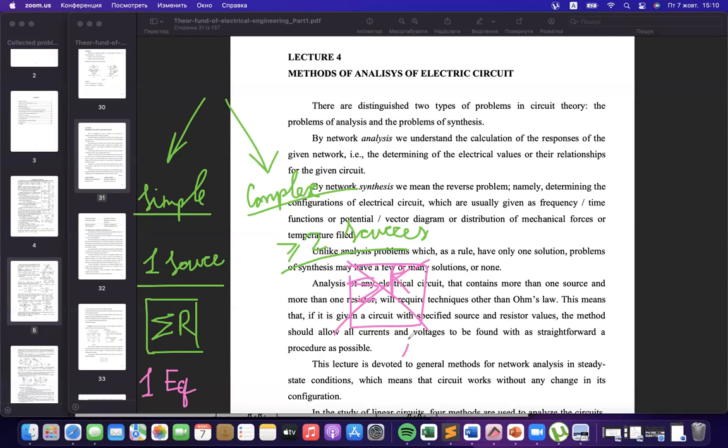For complex networks, we will have a system of equations. Generally, it will be solved in matrix form. Depending on how many equations we have inside the system, there will be some mathematical approach to decrease the number. The fewer equations in the system we have, the better for our calculation.